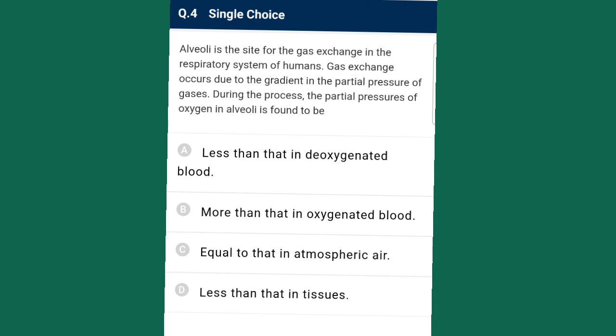For a smooth exchange of oxygen, the partial pressure of oxygen must be higher in alveoli than in the blood capillary, creating a gradient for movement of gases from high to low. So the answer is option B, more than that in oxygenated blood.